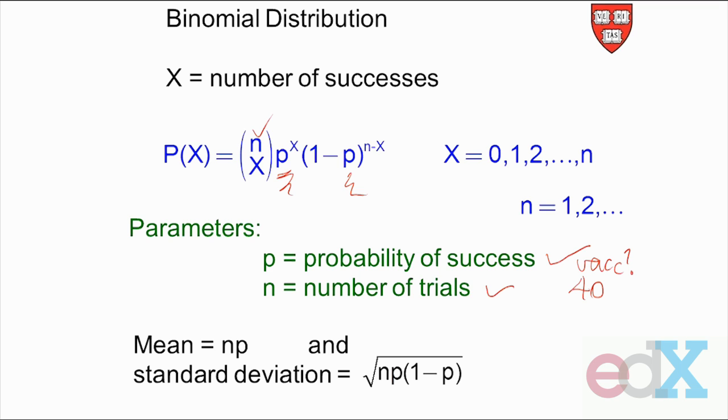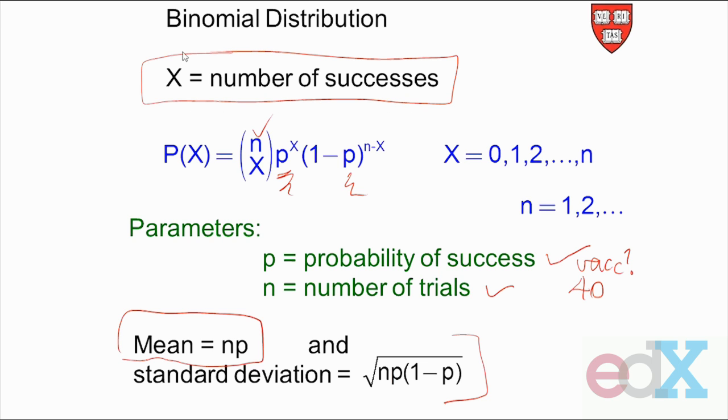And that we're going to model as a binomial. We remember that the mean of such a situation was NP, and the standard deviation was the square root of NP(1 minus P), if we are interested in the total number of successes. So of those 40 people, how many are vaccinated?